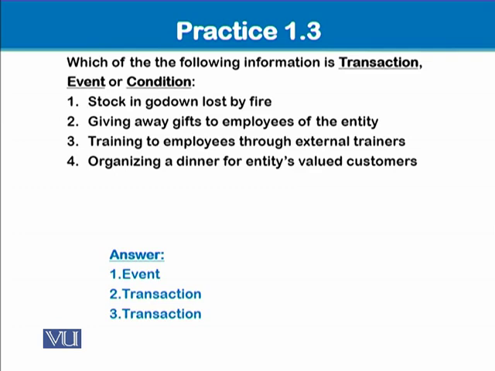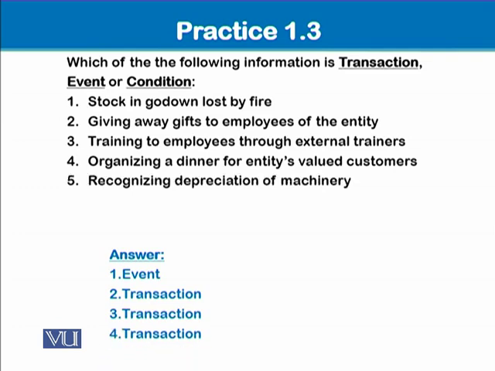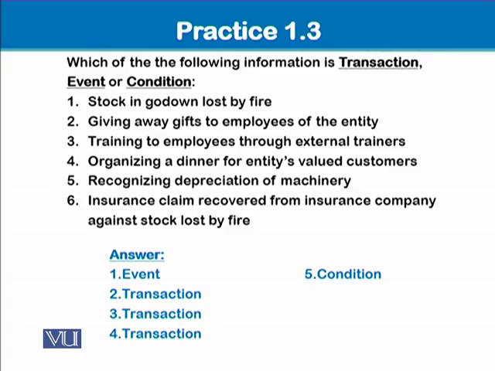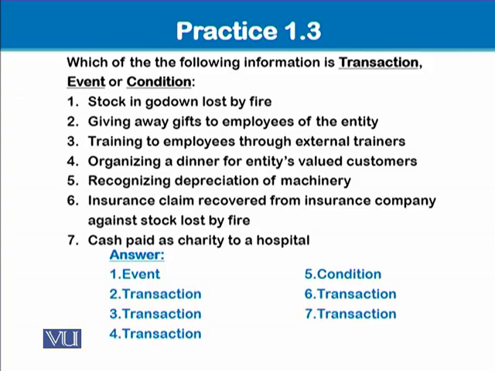Then organizing a dinner for the entity's valued customers, it's a transaction. Recording depreciation for machinery, yes, you are correct, it's a condition. Insurance claim recovered from the insurance company against stock lost by fire is a transaction. And cash paid as charity to a hospital is again a transaction.